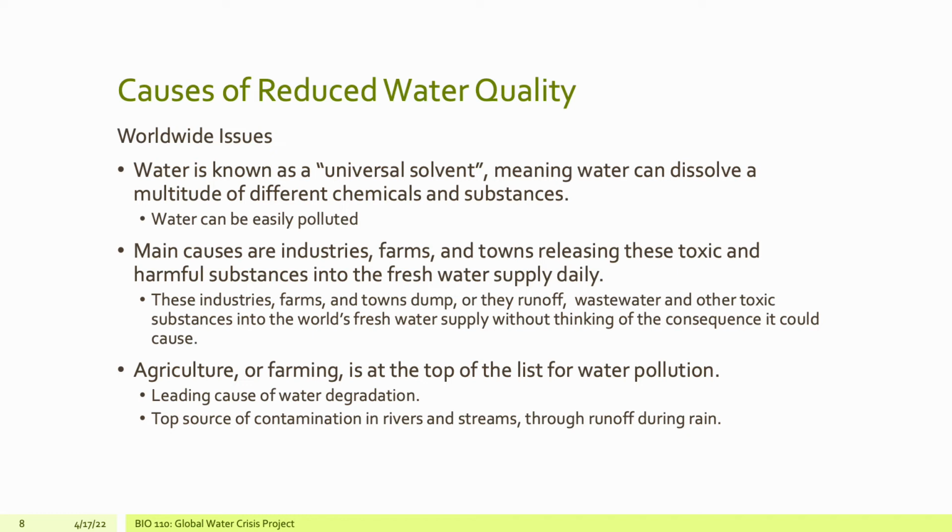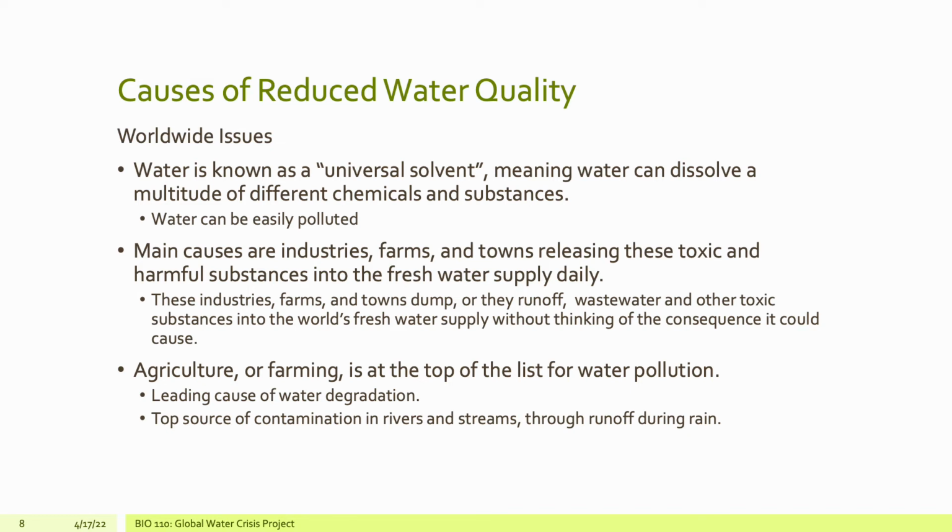Main causes could be industry, farms, towns, basically releasing toxic or harmful substances into our freshwater supply. These industries dump, or farms have runoff, and it gets into our water supply, and they don't really think about the consequences.